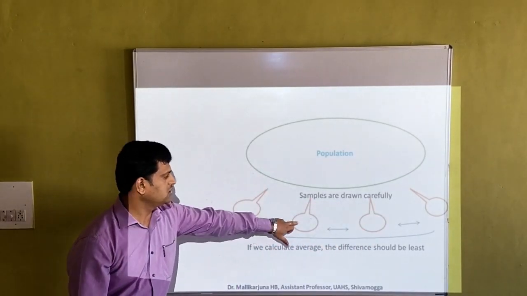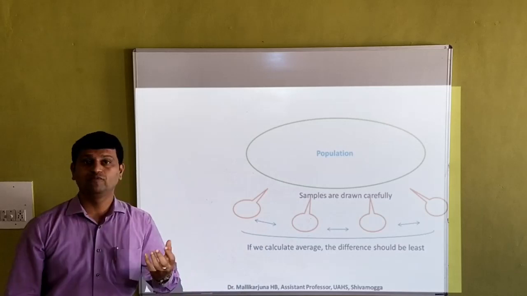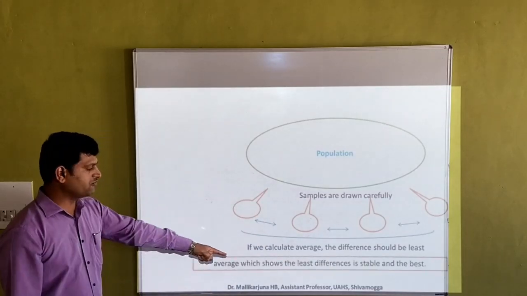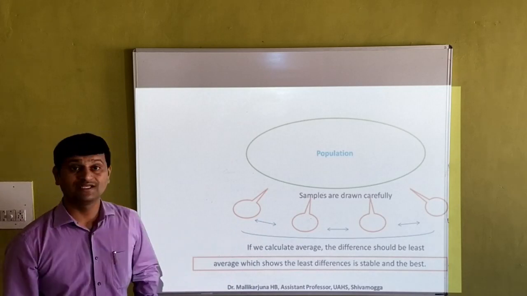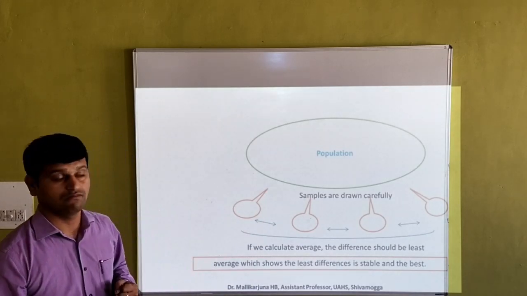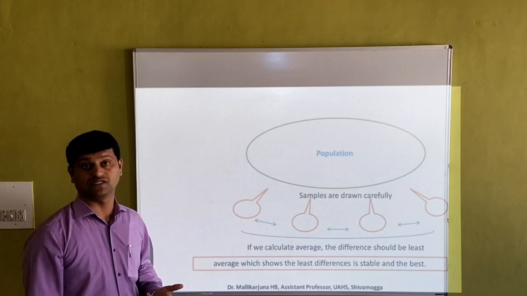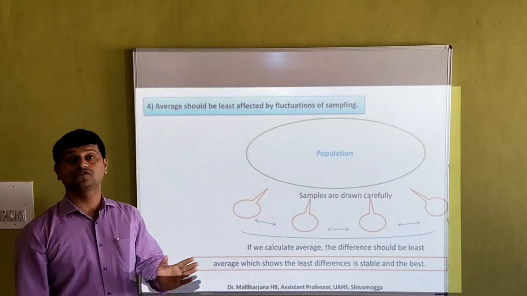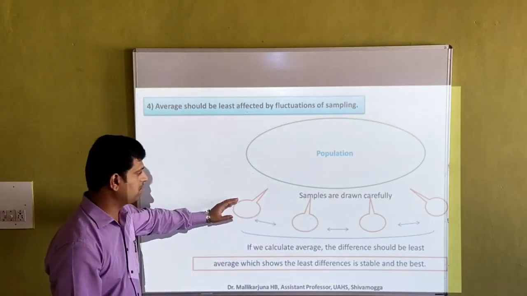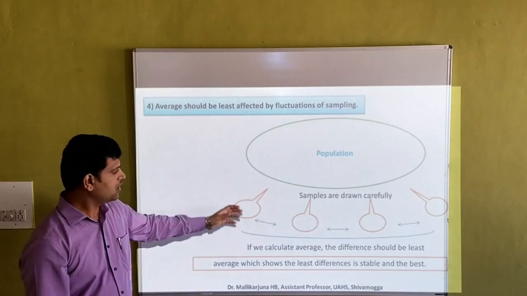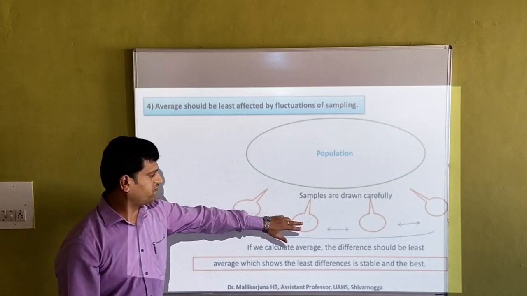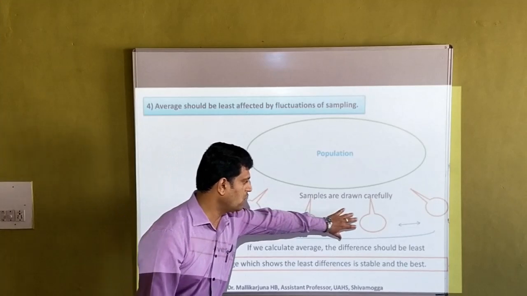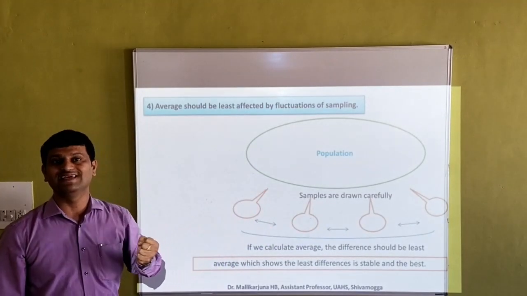The difference between these averages should be least. The average which shows the least differences is stable and best. Based on this, we can say the average is best. Hence, average should be least affected by fluctuations of sampling. We have taken different samples, and the difference between these averages should be least.